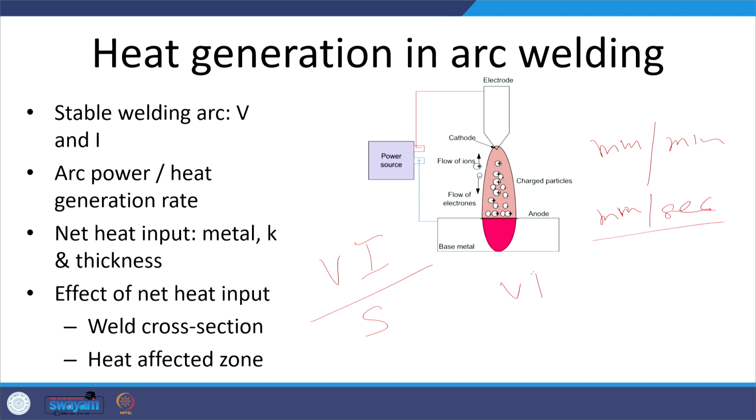So, VI by S, that is, V is the voltage, I is the current in ampere and S is the speed in mm per second, okay. Then this will directly give us the joules per mm, that is the net heat input.